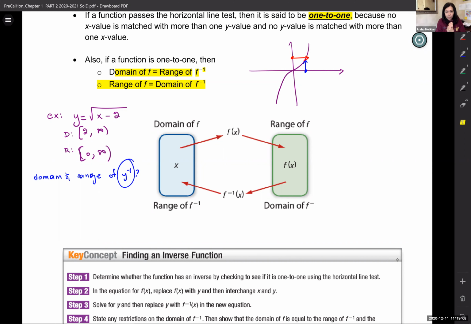Are you guys okay with this, or should I go into why? Now the question, though, is not what it's asking. The question is asking what's the domain and range of y inverse? So you would switch them and say the domain of y inverse is 0 to infinity, and the range is 2 to infinity. Okay?